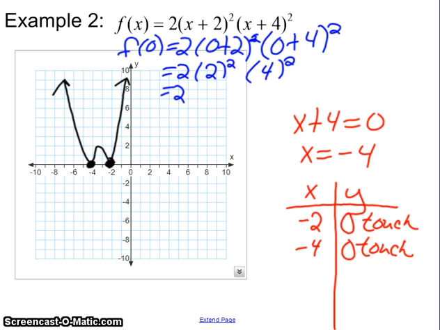Exponents: 2 to the power of 2 equals 4, 4 to the power of 4... I mean 4 squared equals 16. 8 times 16 is 128.